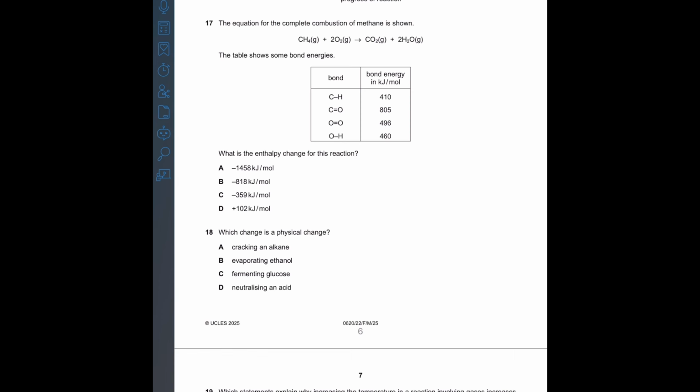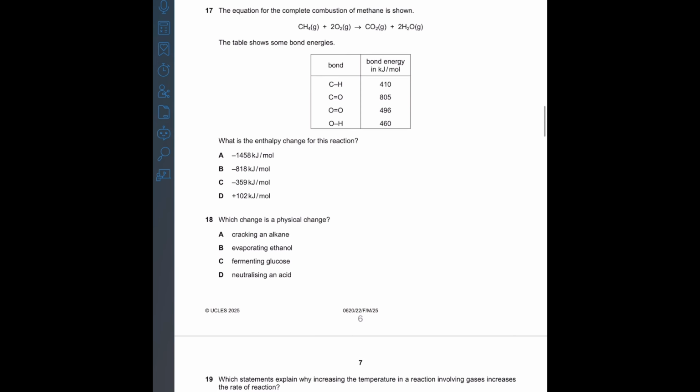Question number 17. The equation for the complete combustion of methane is shown. The table shows some bond energies. So this is a calculation question and the formula is simple. The reactants minus the products.